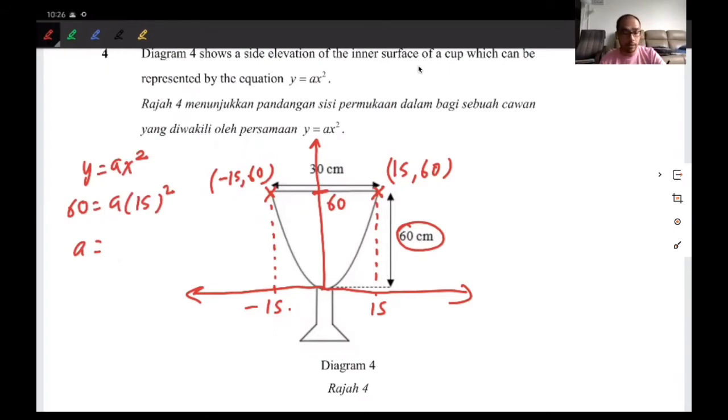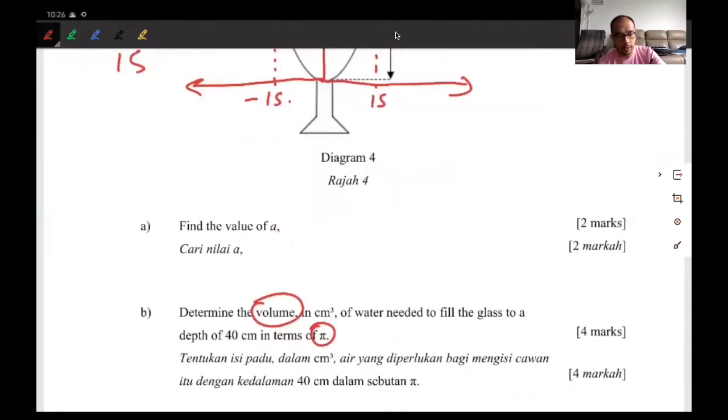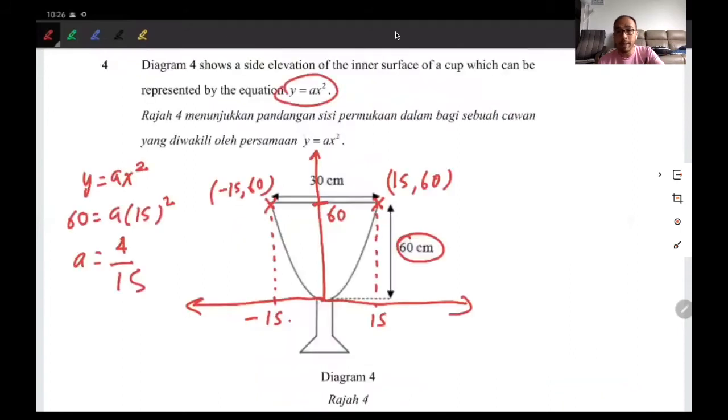I will get a equals 4 over 15, yeah, should be 4 over 15. So a equals 4 over 15, which makes my equation y equals 4 over 15 x squared.